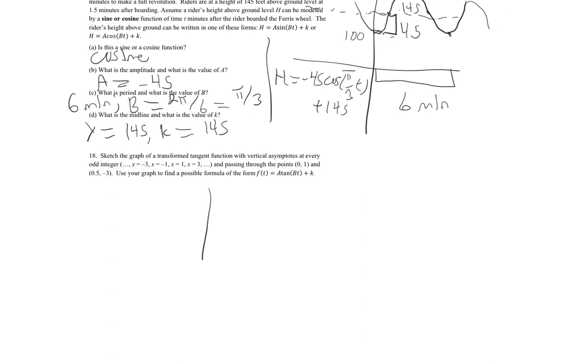So I'm going to do my best to freehand this tangent graph. So it's going to have vertical asymptotes at every odd integer. So I'm going to go 1, 2, 3, 4, to get the scaling down. Now put in some of these asymptotes.